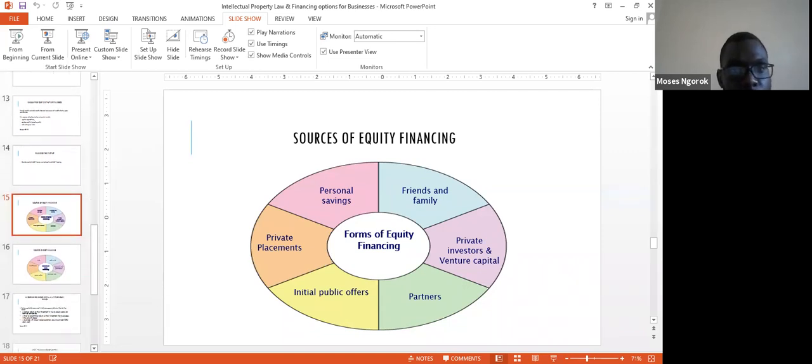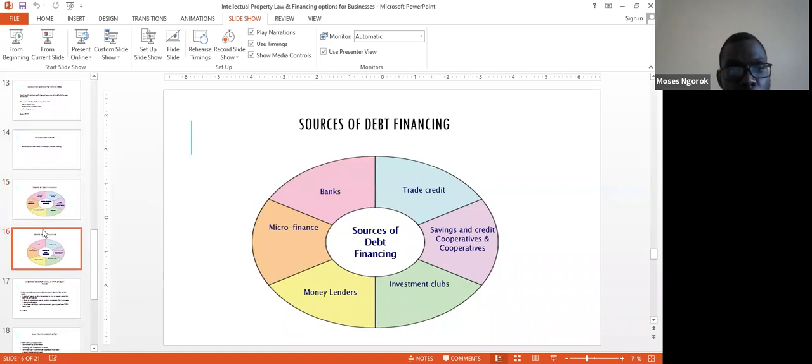So let's look at sources of debt financing. I've already defined debt financing as a situation where you get money as a loan, not as equity. So you don't exchange shares for the money. You get it as a loan and pay interest.